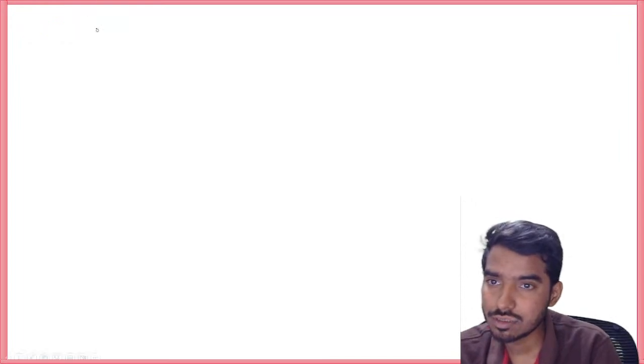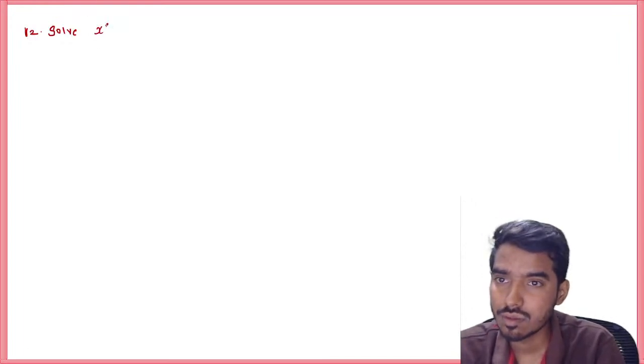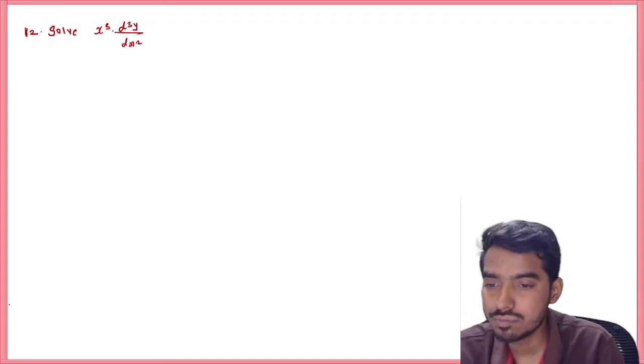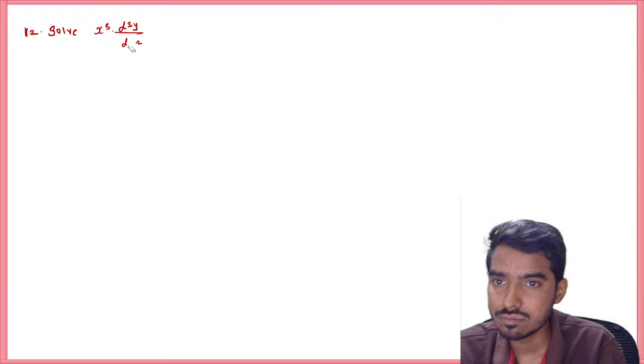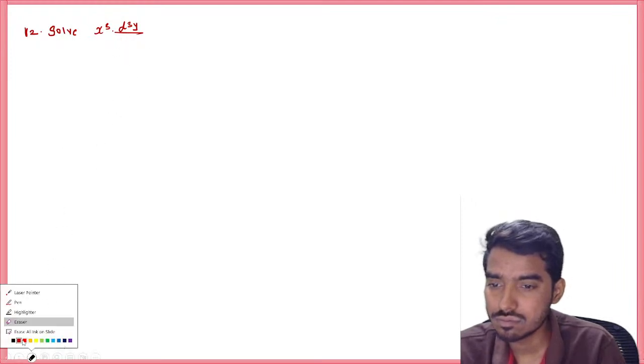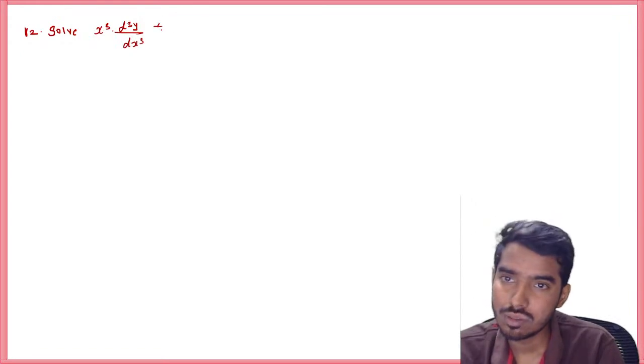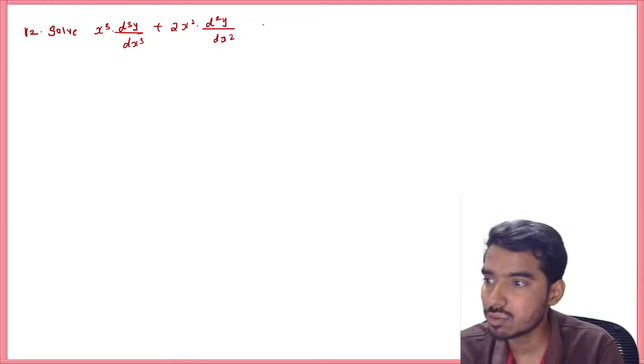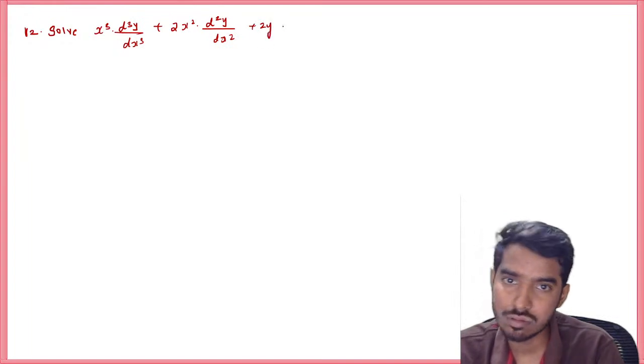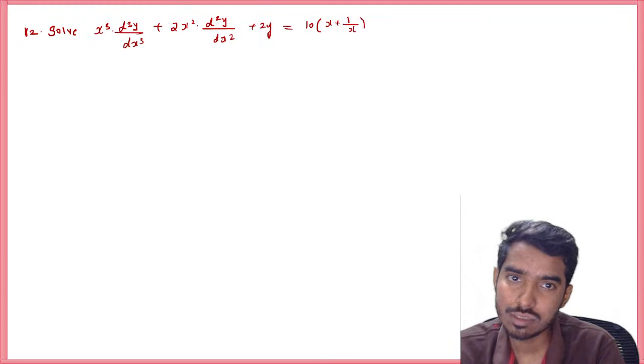The equation is x cube d cube y by dx cube plus 2x square d square y by dx square plus 2y is equal to 10 into (x plus 1 by x).